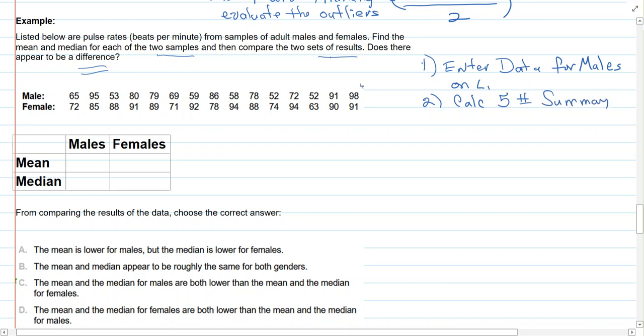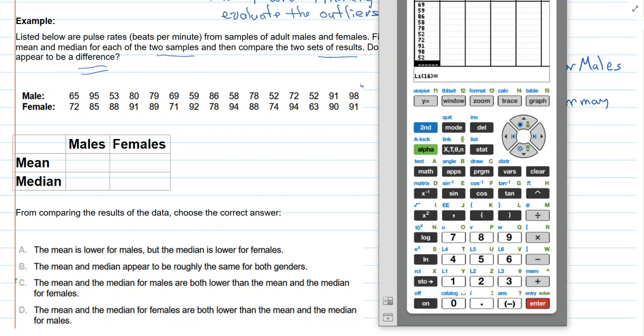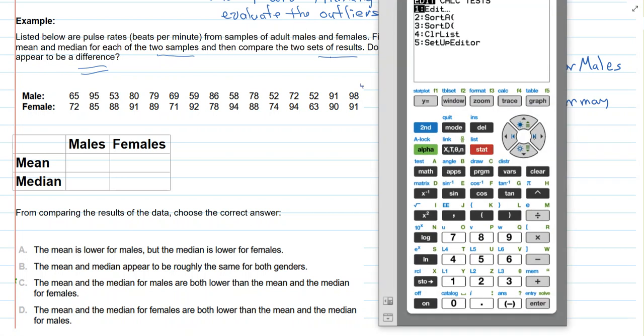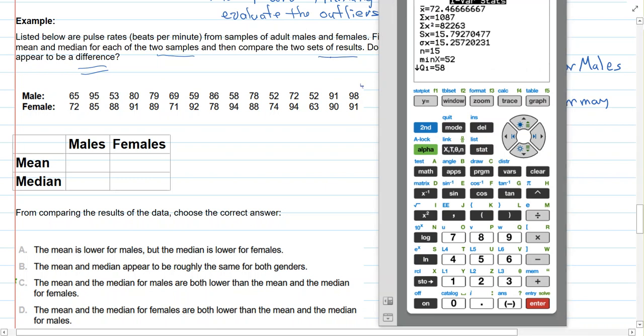Stat calc number 1, enter, enter, enter. And all I need are 2 items. I need the mean, and we're going to do 1 decimal.